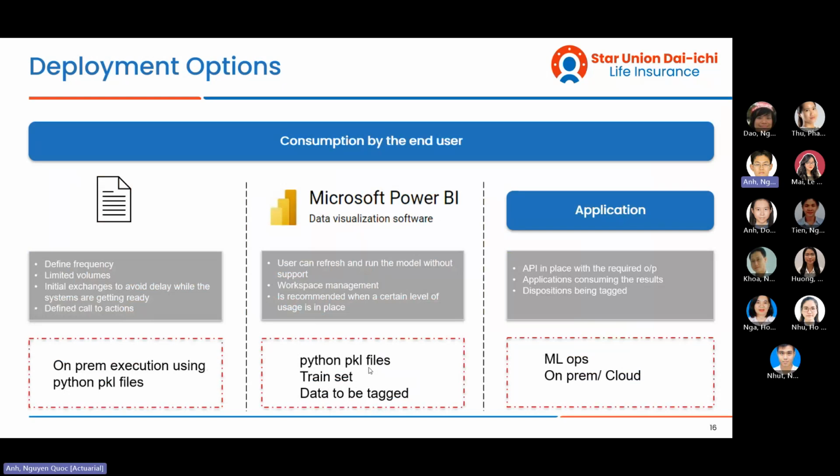Second is obviously there are options within Microsoft Power BI also to run Python packages. And possibly if there is a typical file that is also created, then it can also be used in Power BI as your final output.